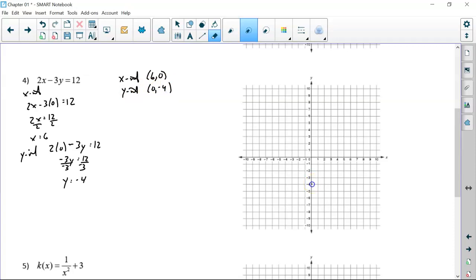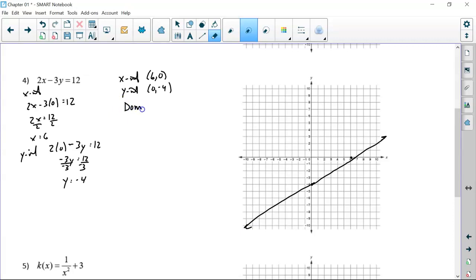So here's my y-intercept, and here is my x-intercept at 6, 0. And if you remember back from Algebra 1, you only need 2 points to draw a line. So that's what I'm going to do. I'm just going to draw a line through those 2 points. And there's my line.